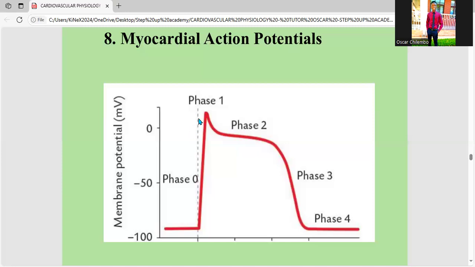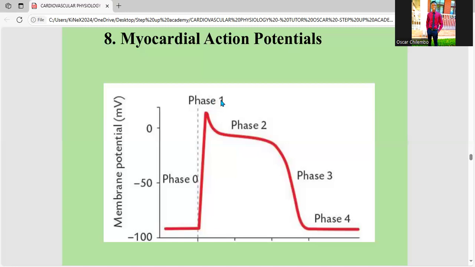So as you can see here, phase 1 is actually initial repolarization due to what? Potassium efflux. Okay. Since depolarization has already happened here in phase 0, here we want to deactivate the sodium voltage gated channel. So at this point, there is inactivation of sodium voltage gated channel.